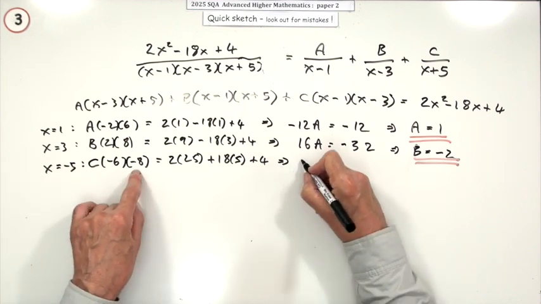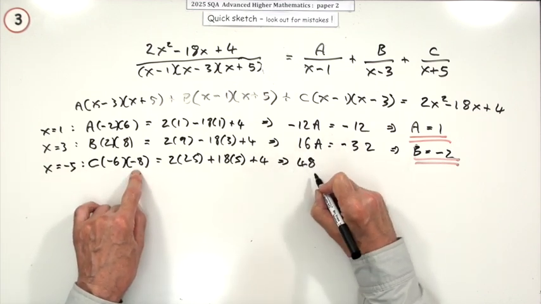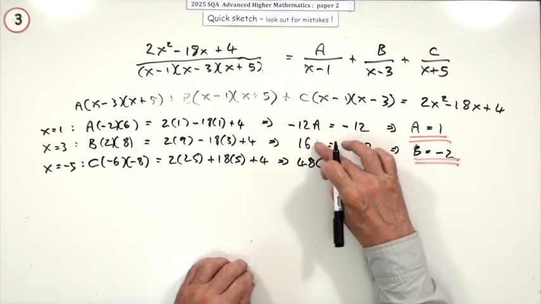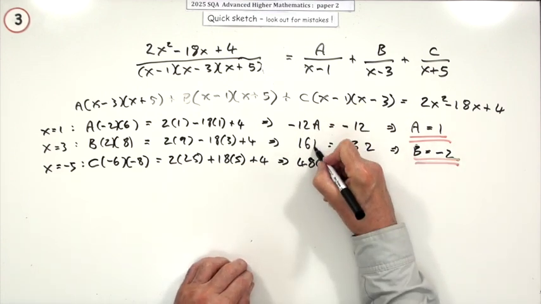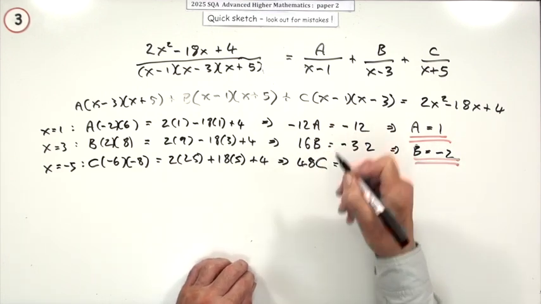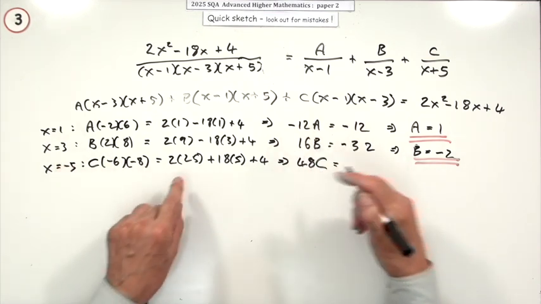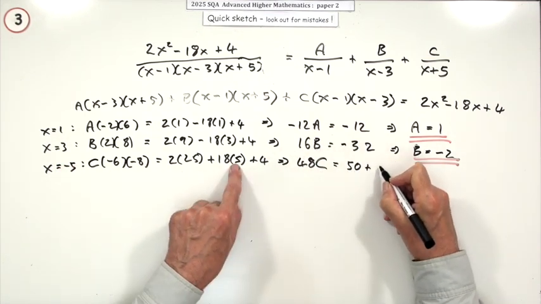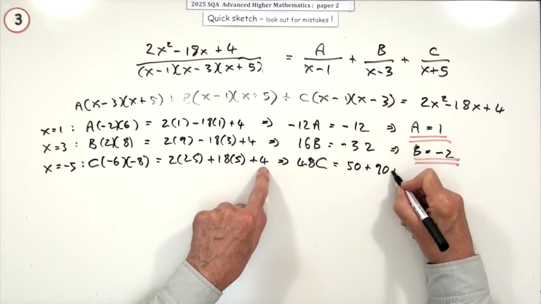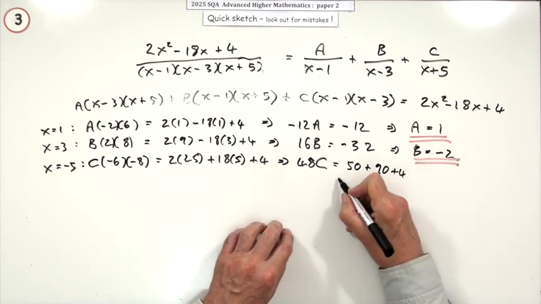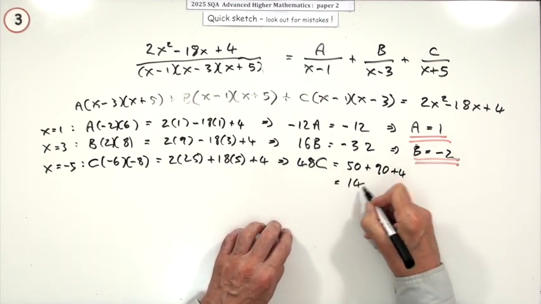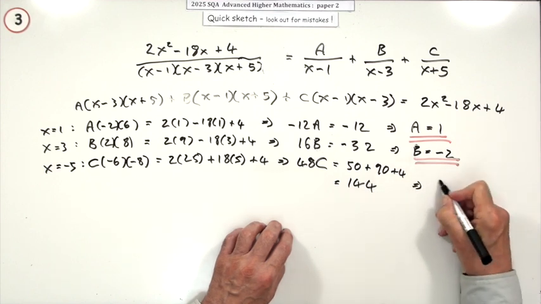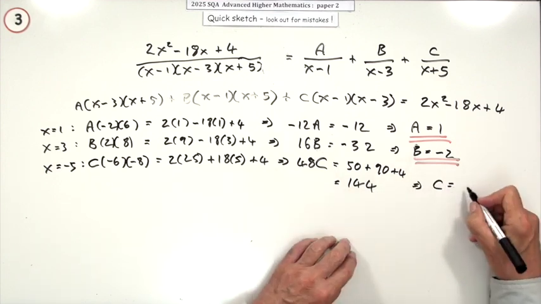So 48C equals 50 plus 90 plus 4. So that's 144, which means that C will be 3.